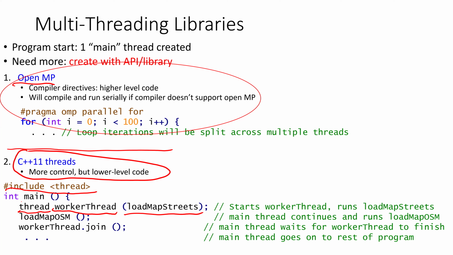So this line basically creates a thread, and that thread just goes off and does work, and the main thread just keeps on going. So now my main thread goes on to another function that I called load map OSM, and that loads the OSM database and does anything I need to, like maybe loads up some hash tables of how to map from an OSM ID to an OSM entity pointer and that kind of stuff.